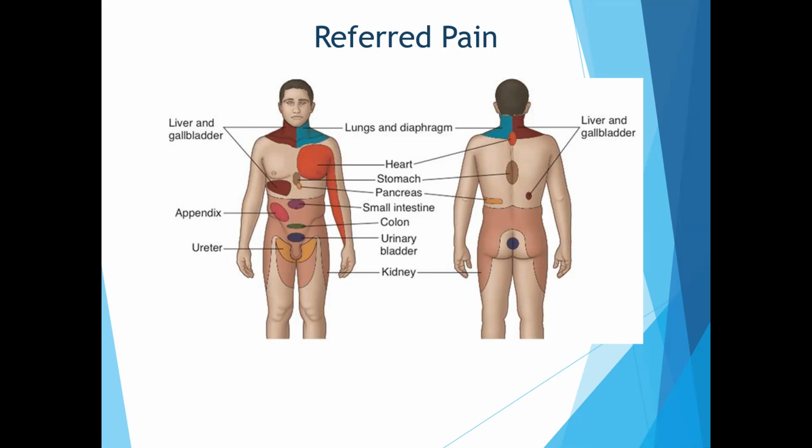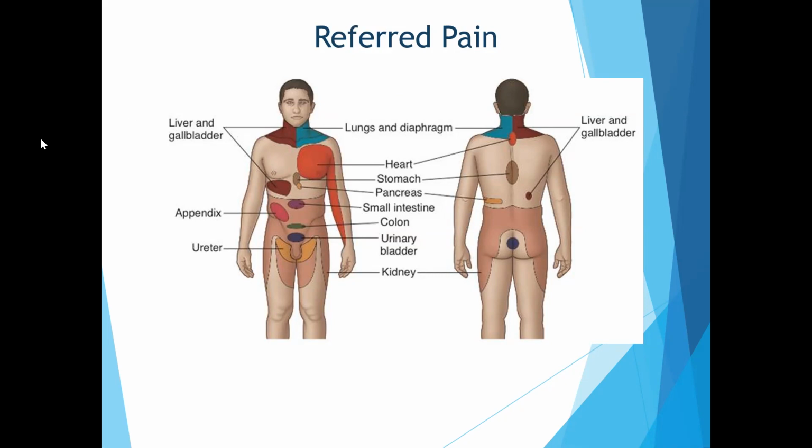So basically what happens is when there's pain coming from an organ, you'll see all these different colors and areas have an organ associated with it. So when there's pain coming from an organ, oftentimes we'll actually experience it in a little bit different part of the body, and we'll feel it as more superficial. So this is known as referred pain.